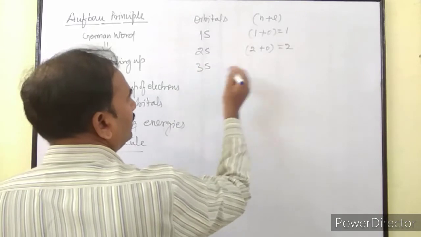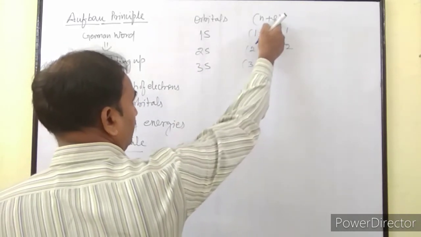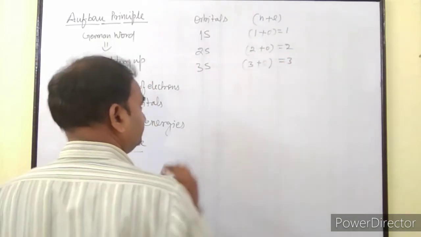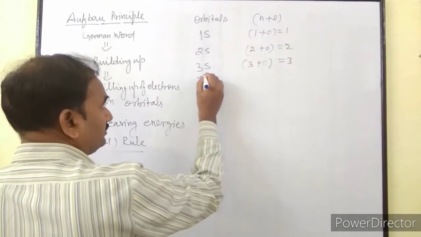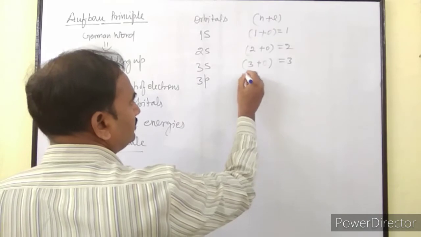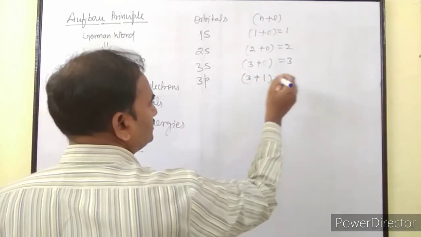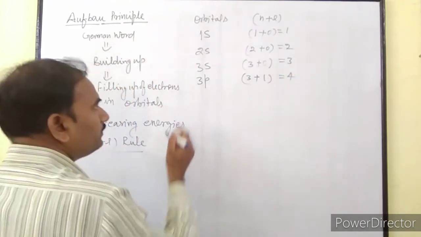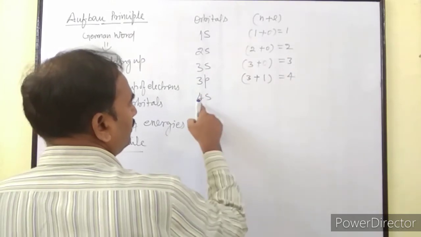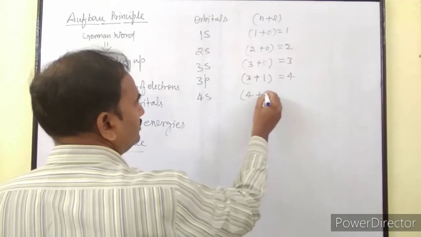3s, n is 3 and L for s is again 0. So n plus L will be 3. Again 3p, n for 3p is 3 and L for p is 1. So n plus L will be 4. 4s, n is 4 and L for s again 0.